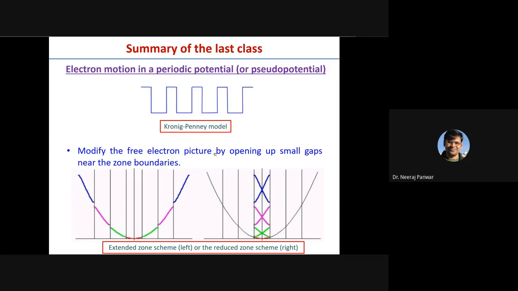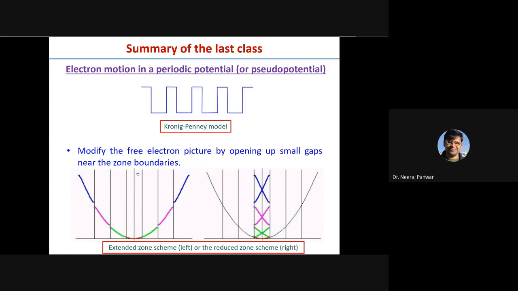If we plot that in the extended zone scheme, where only one part from each zone is taken, we can see that at the zone boundary there are gaps in the E-k diagram.